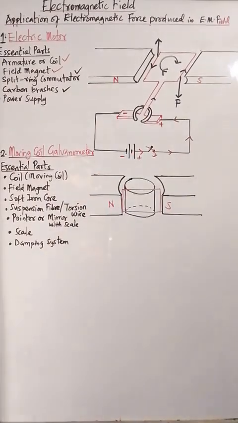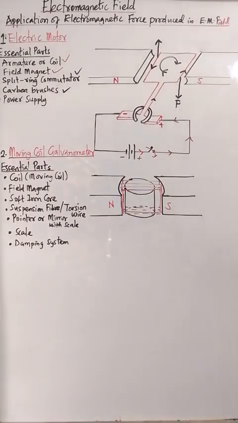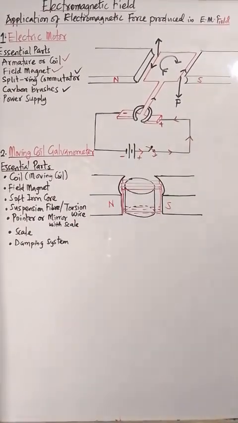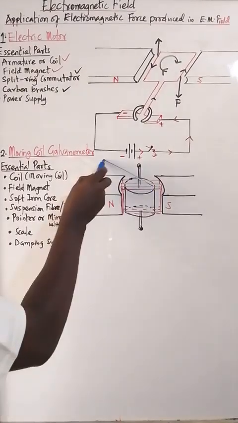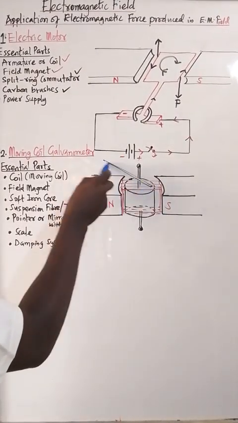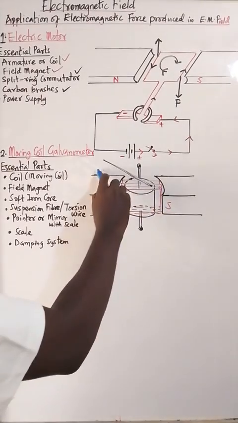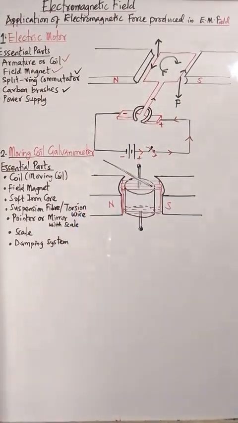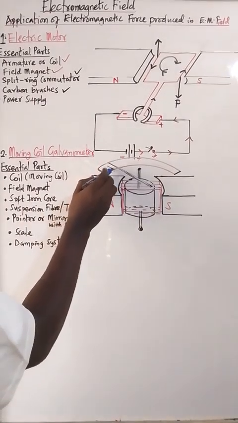Then you can have multiple turns on it. Then let's place the control springs up and down. Then the pointer, connected to the armature. Then we have the scale here, calibrated.